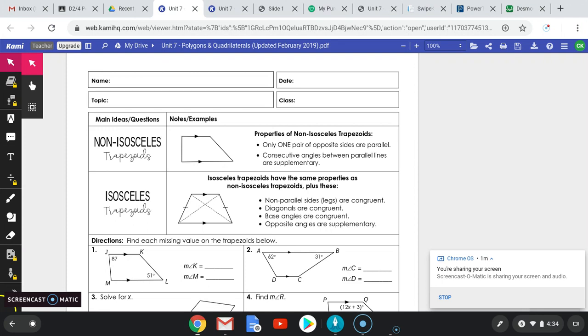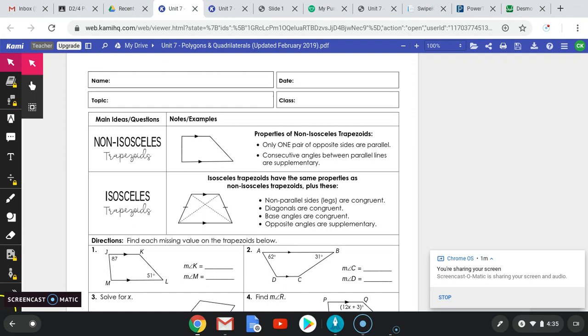There's another special type of trapezoid called an isosceles trapezoid. Think of an isosceles triangle, where not only are two sides the same, but their base angles are the same. It's the same concept here. The non-parallel sides, or what we call the legs, are congruent. The diagonals, as you can see by these dotted lines, are congruent.